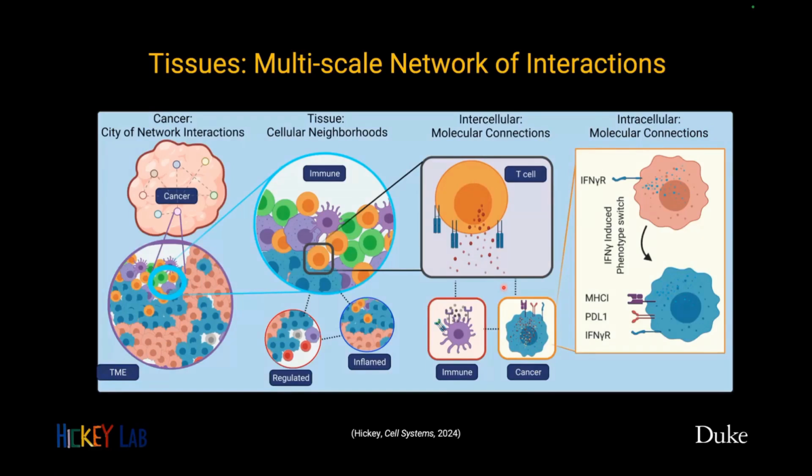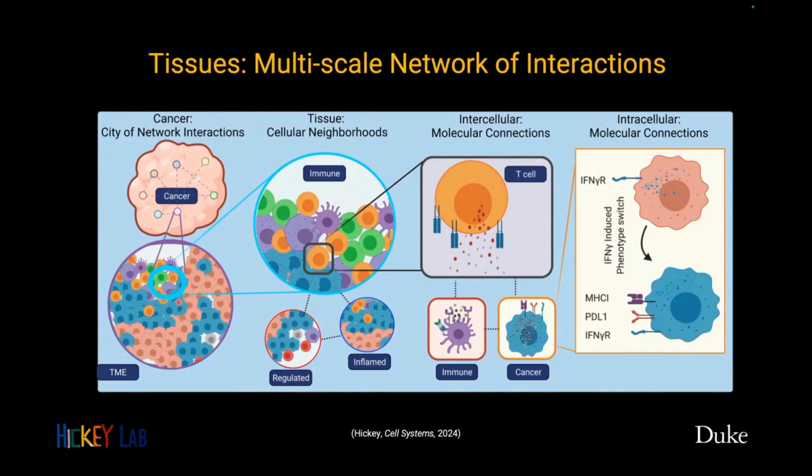So just first to start out, I think it's really important to contextualize or define our cells within the context of these multi-scale interactions that they exist in. We can take any tissue, this could be the intestine or cancer, for instance, and each tissue is made up of these multifunctional tissue units that are organized spatially, and they're interacting in localized ways to accomplish a larger function of the overall tissue.